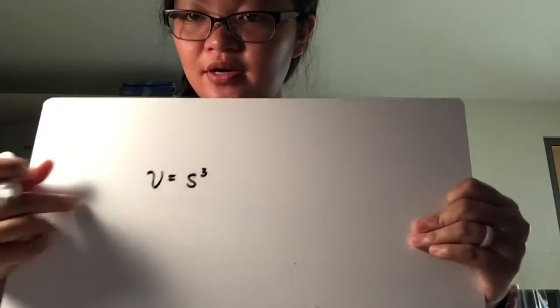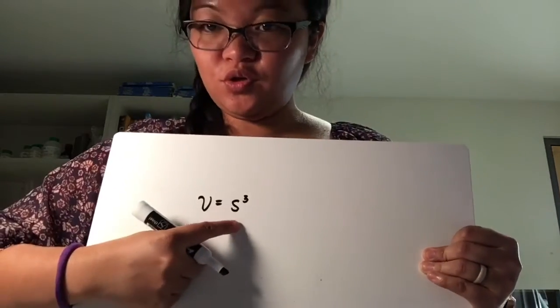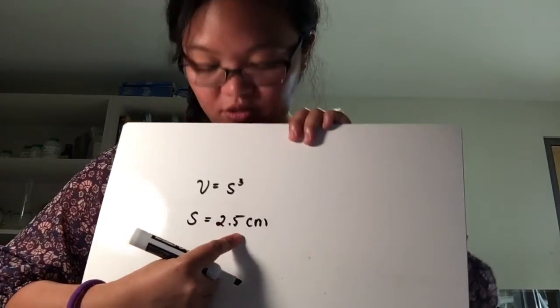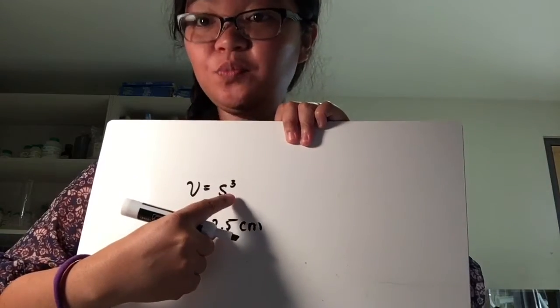The formula to find the volume of a cube specifically, let me write that. Volume is equal to the side to the power of 3. So to find the volume, we need to cube that side, and we know that our side is equal to 2.5 centimeters. So we're just going to cube that.